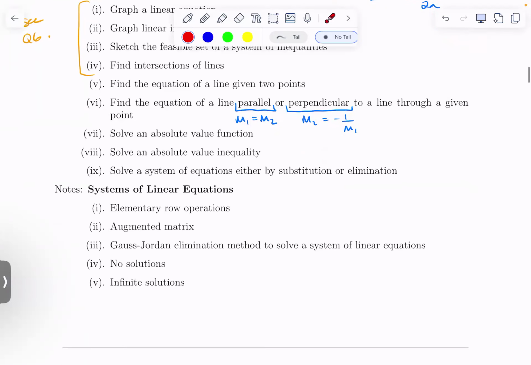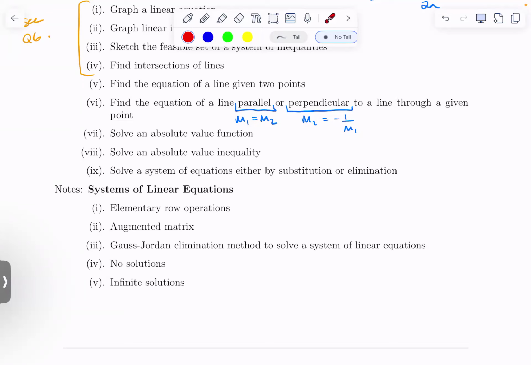I won't test this, but it is something we introduced in this section, because then we do systems of linear equations as a whole other section. It felt like overkill, but you can solve a system of equations either by substitution or elimination, right? If you have 2x plus 3y is 14 and 14x minus 2y is 13 or something like that, then you can solve for x in one and plug it into the other and solve for the y, and then you can plug it back in.